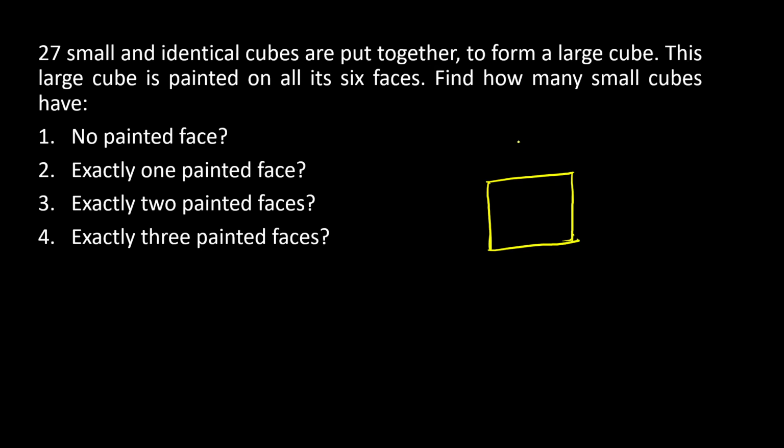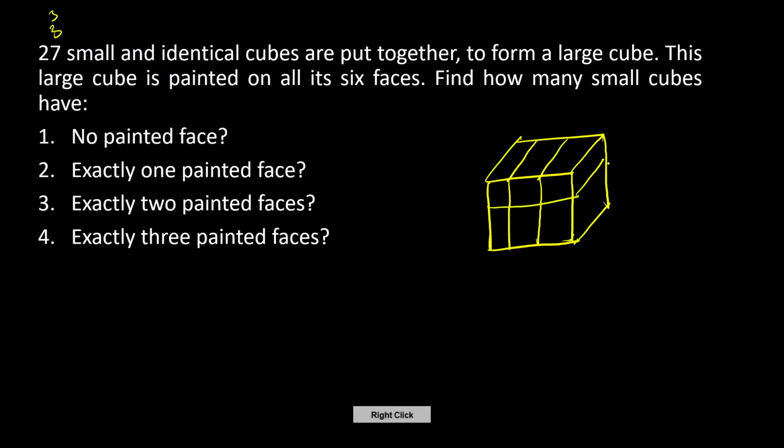Draw a square first and give an extension this way. If you consider the cube this way, now as 27 small and identical cubes, from this we need to understand that 27 is nothing but 3 cube. As it's 3 cube, it is required to make 2 cuts through x-axis, 2 cuts through y-axis and 2 cuts through z-axis.